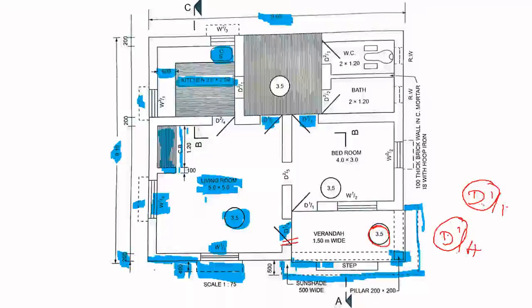Now, you have a back. So this is another window. This window is number 2, W2. So for the kitchen, the window sizes are W2, W2.